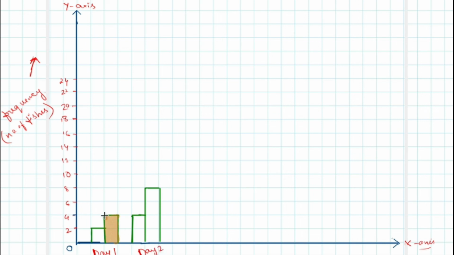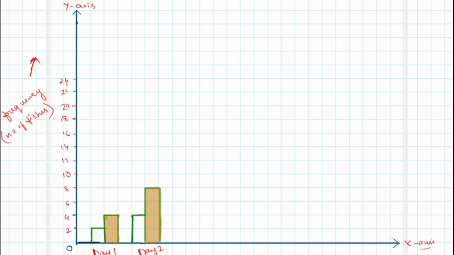And we have to highlight the box for Terry. The second box is for Terry, so we have to highlight it. Or you can put another color to differentiate between Sam and Terry. Okay, for day 2 it is done.